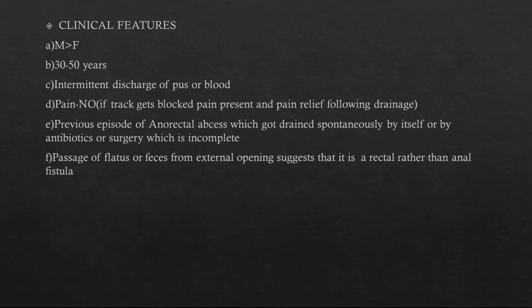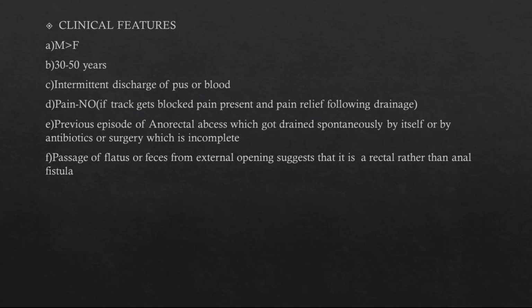So that is the typical character of a fistula in ano, that is intermittent episodes of passing pus or blood through the external opening, and the patient will not have pain. If you take a past history, the patient gives a history of anorectal abscess: there was a swelling in the perianal region, for which I underwent some surgery.